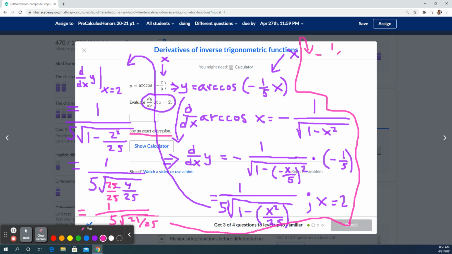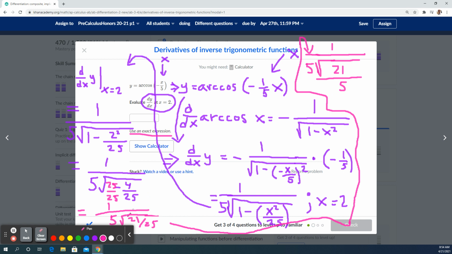I got 1 over 5 square root. Square root goes to the top and the bottom on this one. So that's multiply square root, so that's 5 times the square root of 21. And the square root of 25 is just 5, so that would be on the bottom of this.